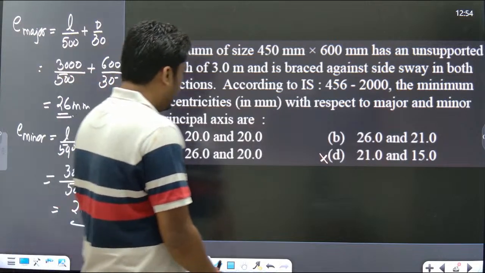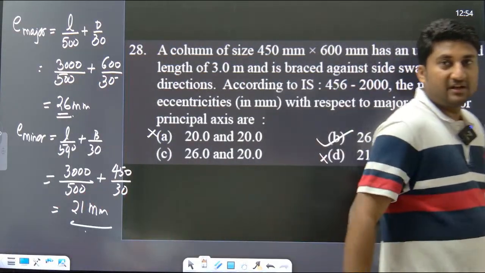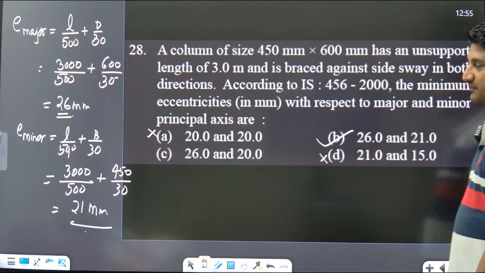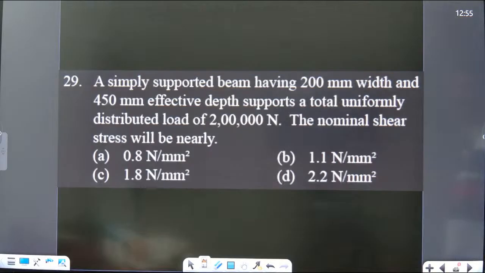So your answer will be 26 and 21. Option B is the correct answer. Understood everyone? Next question.